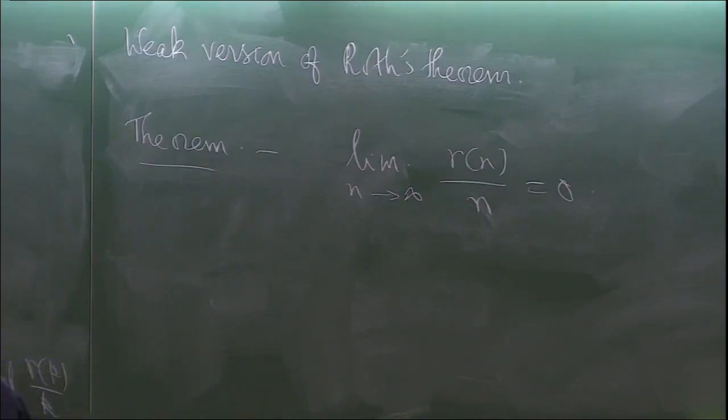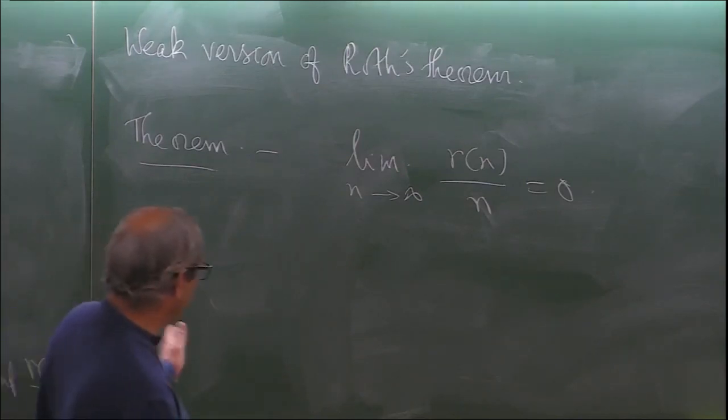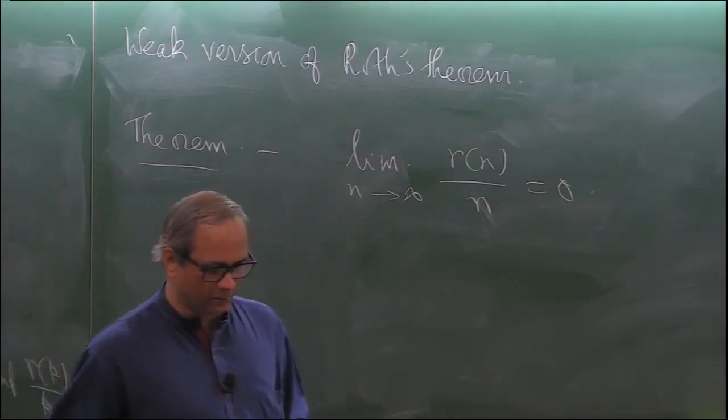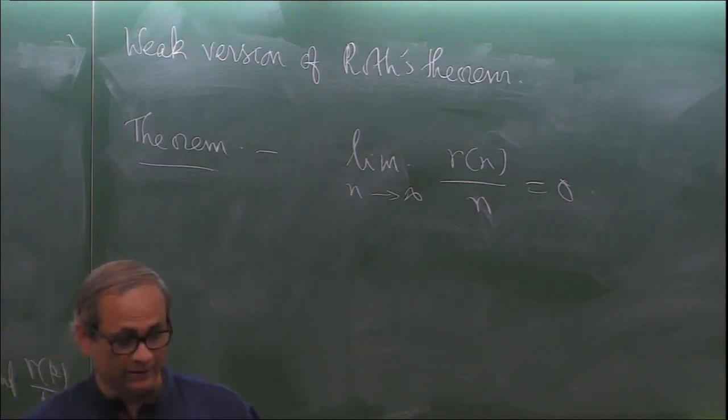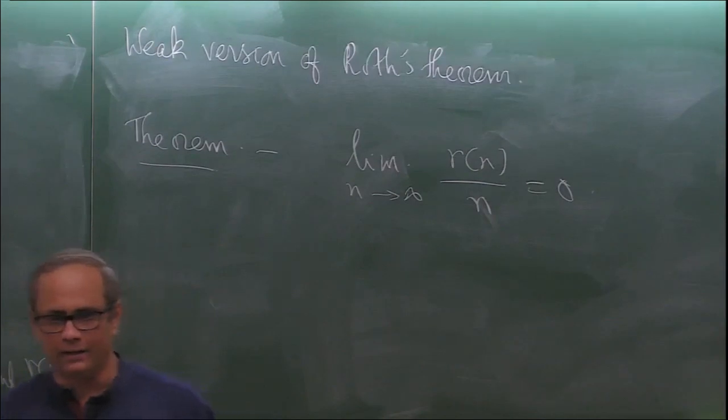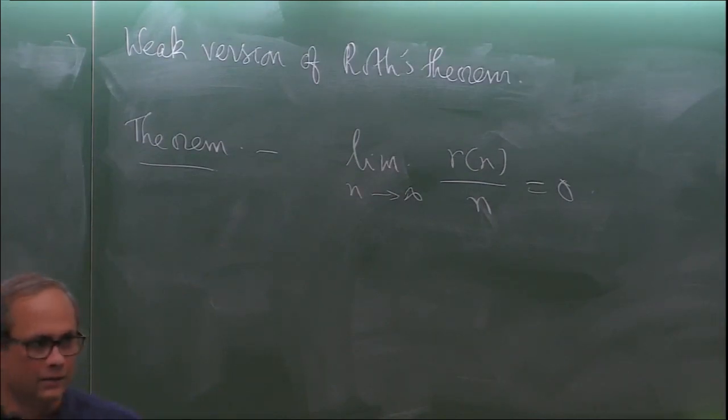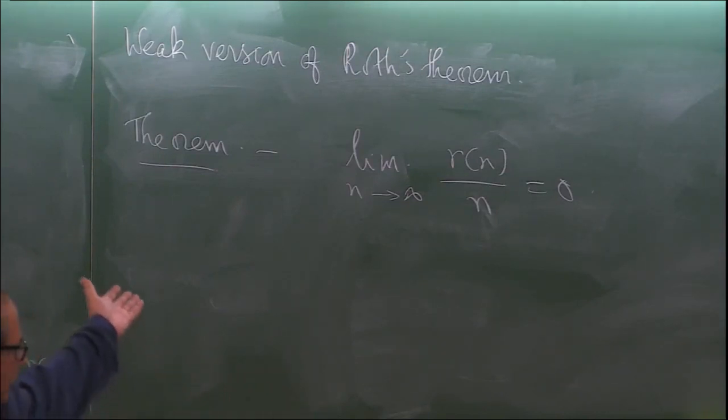Okay, and in fact, you can also deduce that if you have A which is a subset of 1 to n with some fixed proportion of the integers from 1 to n, then A contains non-trivial 3-term APs. Now, in Roth's theorem itself and versions of it like this, immediately you can only say that A contains non-trivial 3-term APs.